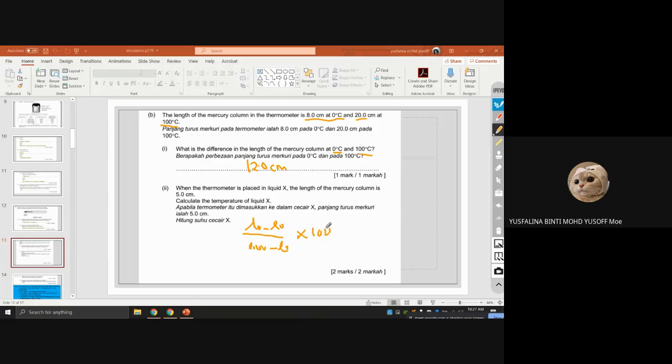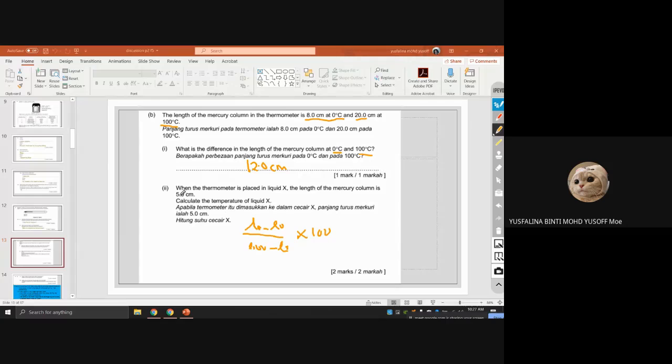So what is L theta? L theta is the length of the mercury for the temperature that you want to find. Let's say the length of mercury is 5 cm, so you need to find the temperature of liquid X when the length of the mercury is 5 cm.